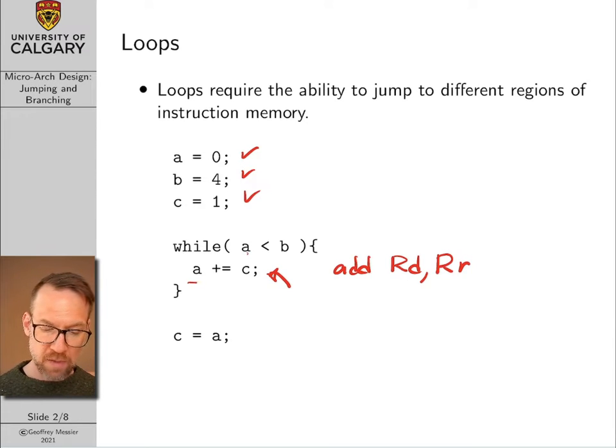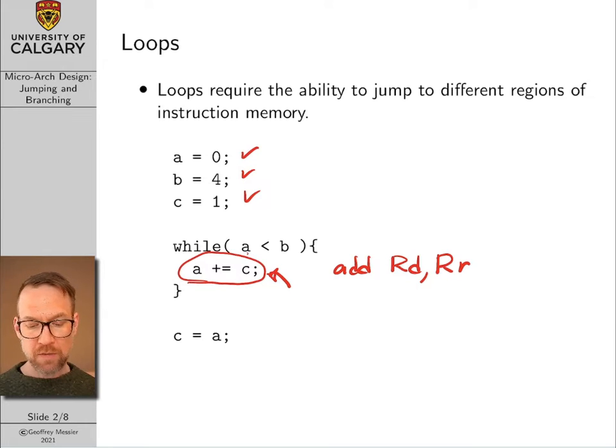That's exactly what this line does in C. But we want to execute this line over and over again until a condition is true. We want to test the value in A, compare it to B, and keep executing this line of code over and over again until that condition is satisfied, then we proceed.